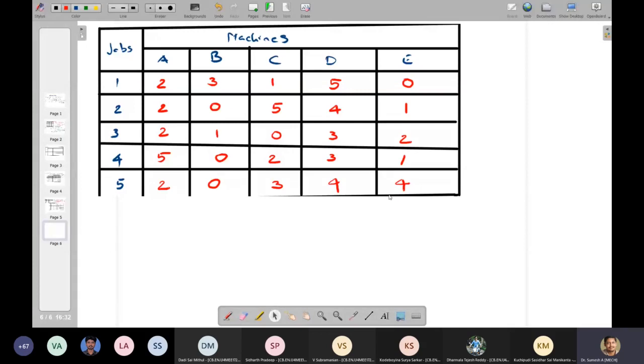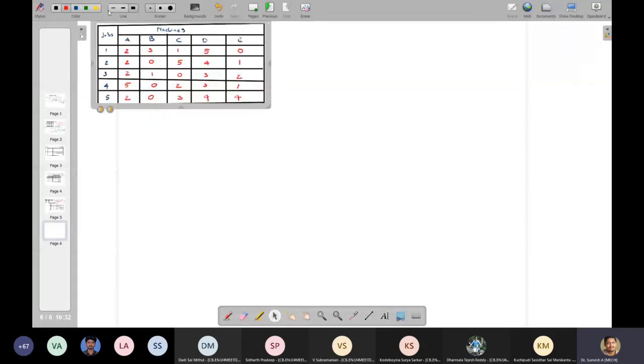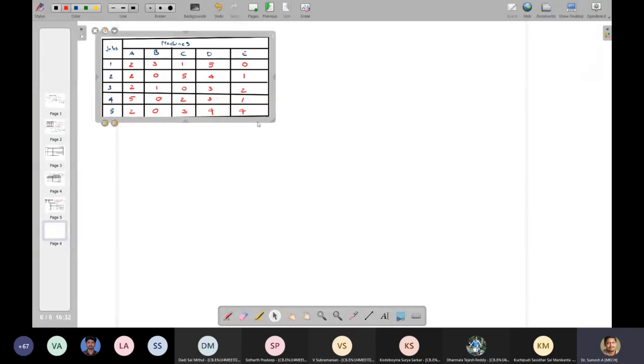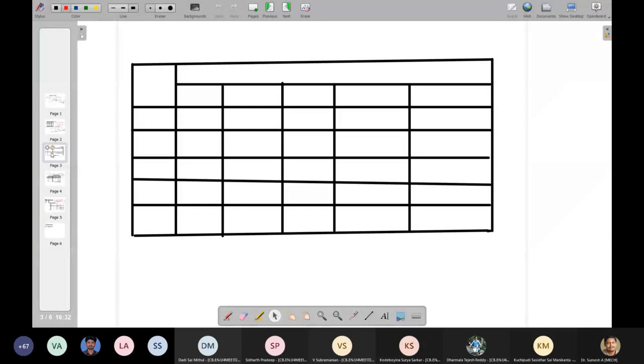Now I'll perform the same set of operations column wise. Row wise is done, so I am going to step number 2.